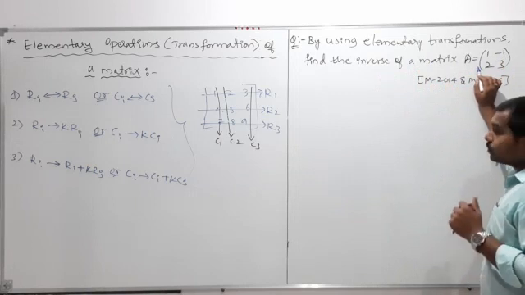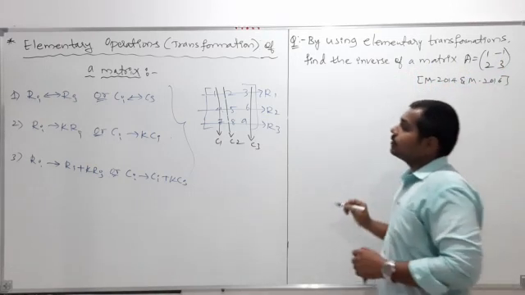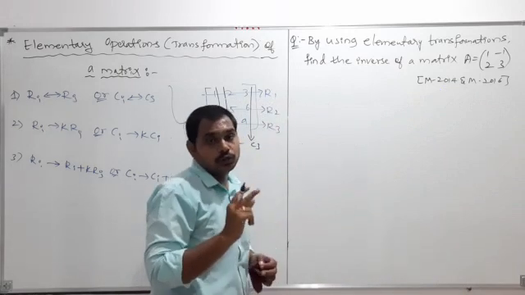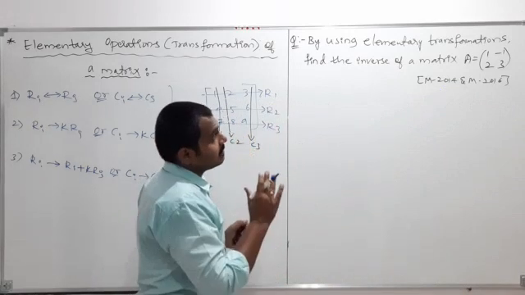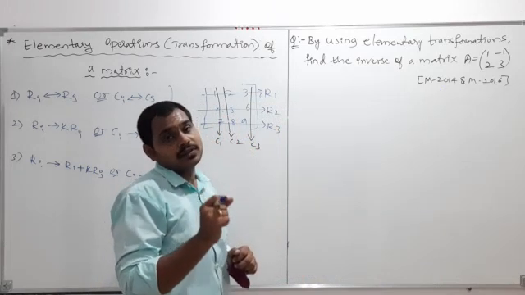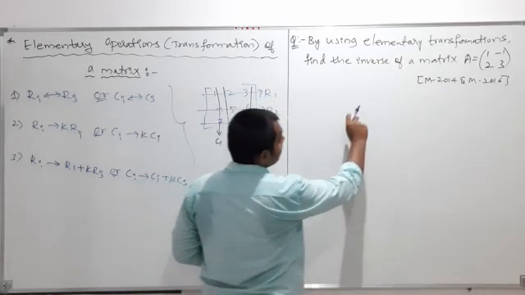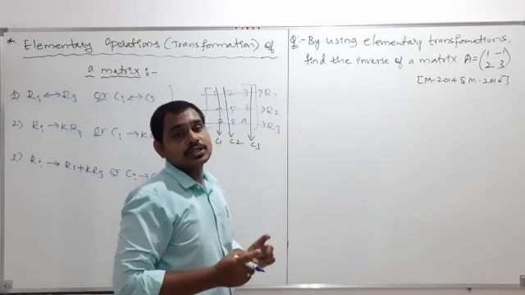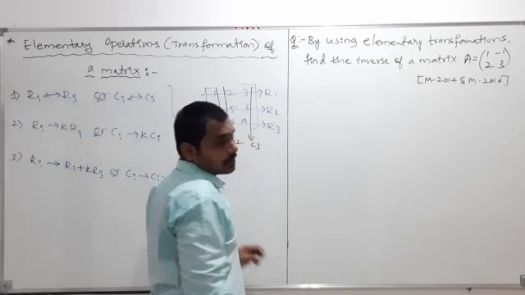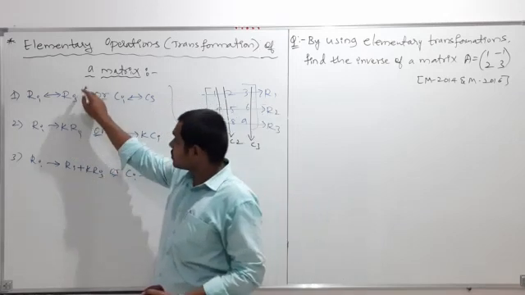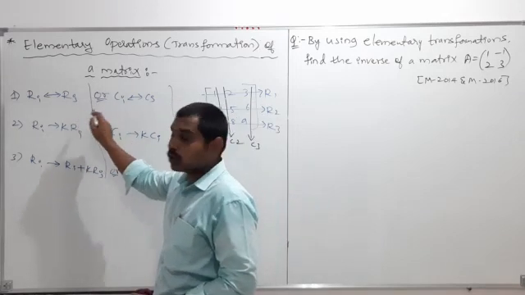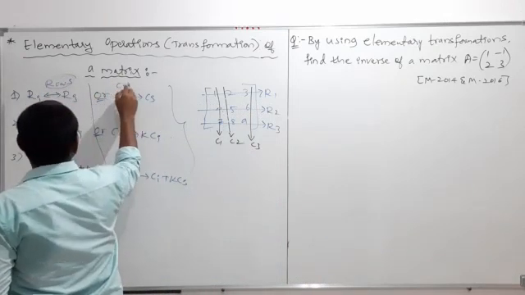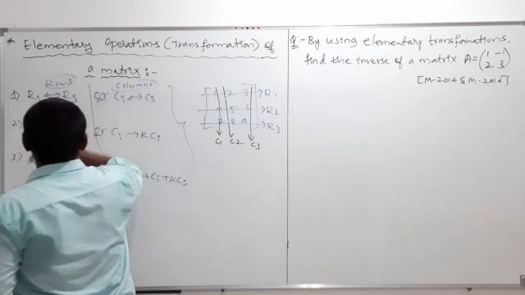Clear? So to find that, my dear students, there are two procedures we can follow, two methods. First I am discussing how to find the inverse of any given matrix. So first you should think how many operations are there. 6 operations are there, these 3 for the rows and these 3 for the columns. Clear?